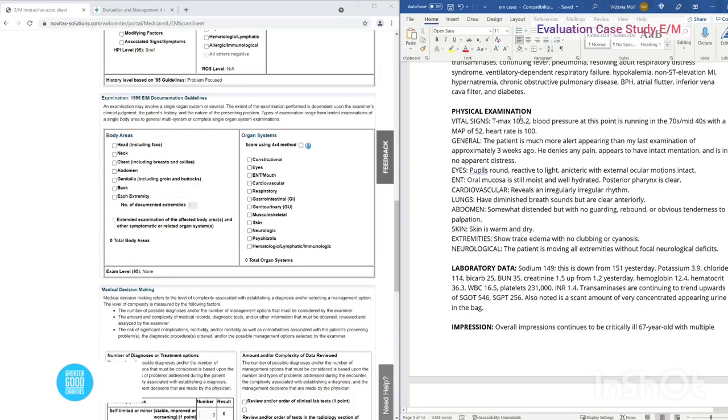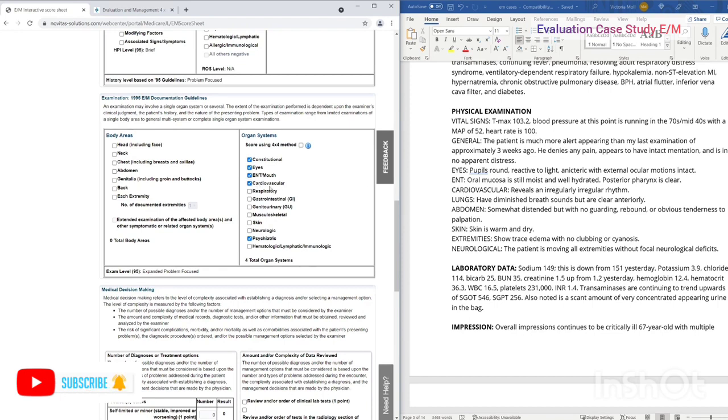So for exam, we have our vitals, which is our constitutional. Same with general. Patient is much more alert appearing than my last examination. Denies any pain, appears to have intact mentation, and there is no apparent distress. So psych. Eyes, pupils are round, reactive to light and accommodation. We have ENT, oral mucosa, and posterior pharynx is clear.